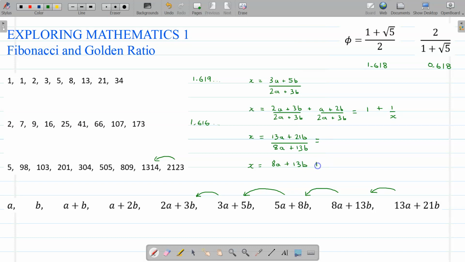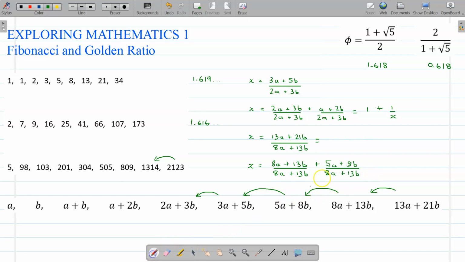But I've got left over another 5a, and to get from 13 to 21, I've got another 8b. And each of those fractions are written over the same denominator as before, which is 8a plus 13b.